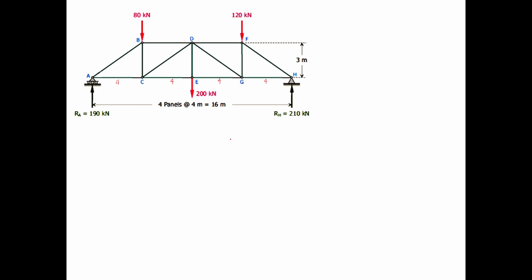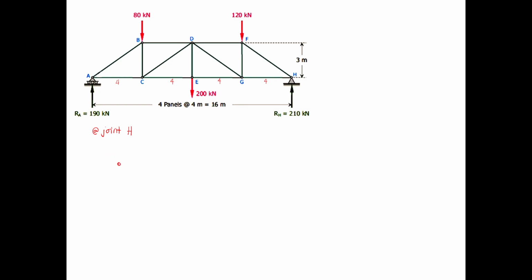Okay, so again, the first step is to determine the reactions, but since the reactions are already solved, we can now proceed with the method of joints. Starting with H, you write joint H, and next you draw the FBD.